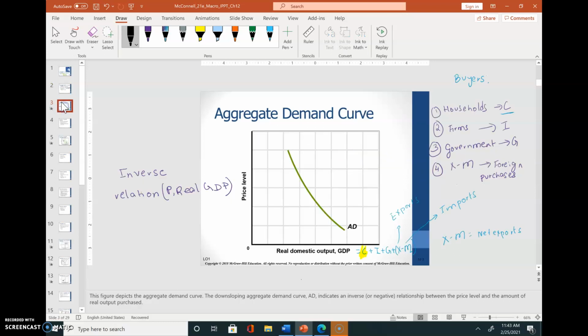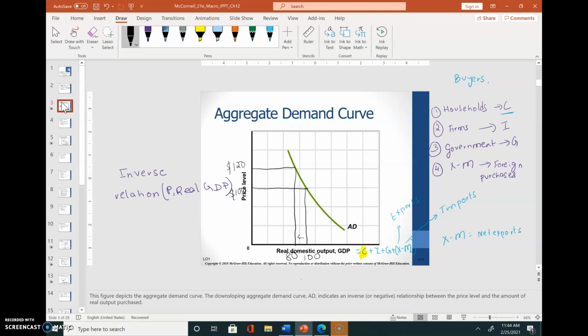Now looking at this graph here, let's say the price was $100 before and the quantity of real GDP demanded was 100. Now the price increases from 100 to 120 and the quantity of real GDP demanded goes down from 100 to 80.